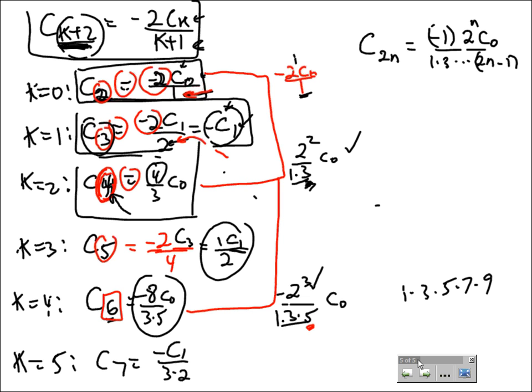Now, let's make sure that this power right here is right. When it's 2 times 1, I want the power of 2 to be 1. Oh, it is. And when it's C sub 4, that is when n is 2 times 2.